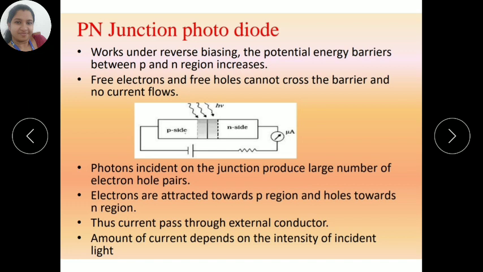So it is given that it works under reverse biasing. The potential energy barrier between P and N region increases. Free electrons and free holes cannot cross the barrier and no current flows. When light energy is incident on this, free electrons can cross the junction. A large amount of free electron hole pairs are generated. Electrons are attracted towards the P region and holes towards the N region.